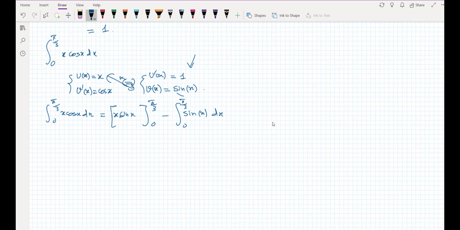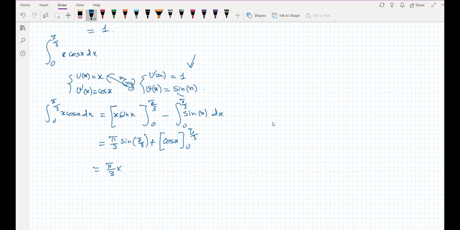Now we need to replace x by pi over 3: pi over 3 sine pi over 3, minus, if we replace by 0, we find 0. And we need to calculate the primitive of sine x. Its primitive is minus cosine x. So minus with minus becomes plus cosine x between 0 and pi over 3.